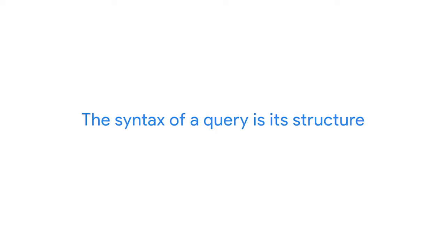Just like spreadsheet formulas, there are a few different ways to perform calculations using queries. Let's look at the syntax for one possible query. The syntax of a query is its structure. It should include all the specific details of the data you want to pull into a new table and where those details should be placed.